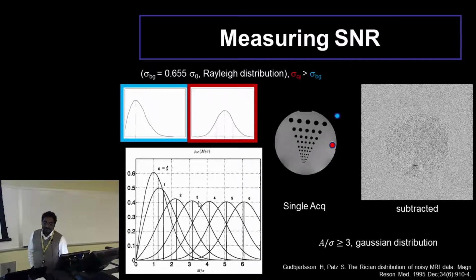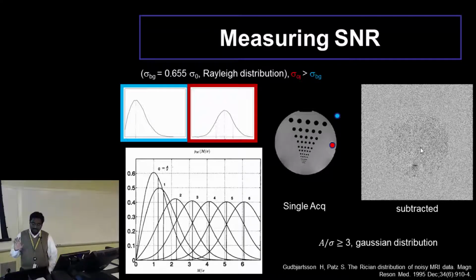So that's what I was referring to in the last class, where this Rayleigh distribution turns out because your ideal signal is 0 here, and when you have signal, the noise becomes more Gaussian distributed. You see that example here where you look at the subtracted image, you can make out that the noise in the object is different from the noise outside.